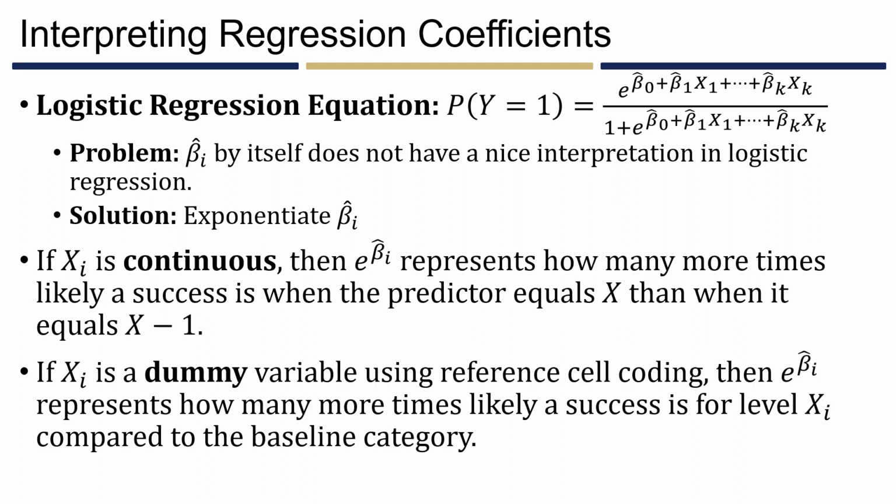On the other hand, if x_i is a dummy variable using reference cell coding, that is, each of your categories is coded as either 0 or 1, then e to the beta i hat represents how many more times likely a success is for level x_i, the category coded as 1, compared to the baseline category, the category that's coded as 0.